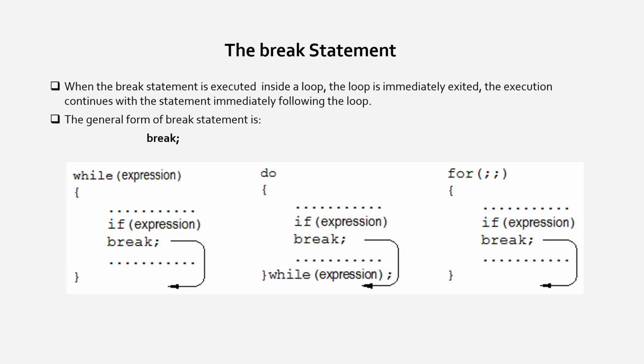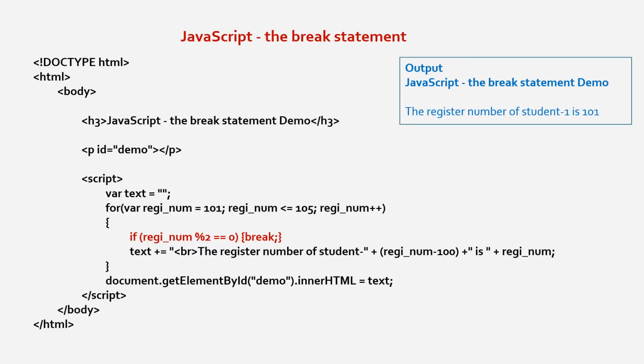How we can come out, that is what is specified. Let us see an example of the break statement. Here the condition is mentioned: if that modulus is 0, then what we need to do is what is mentioned here.